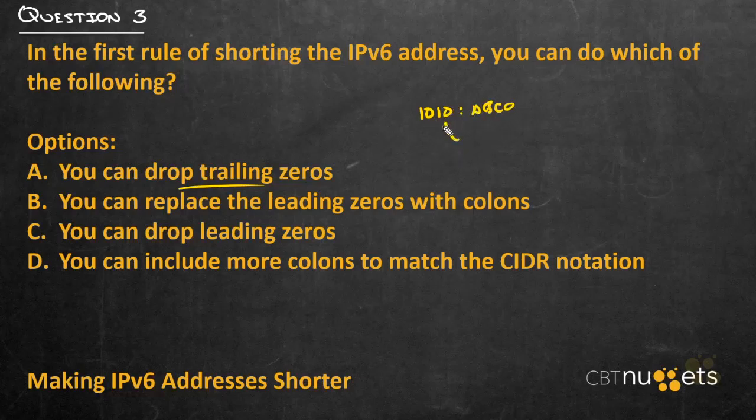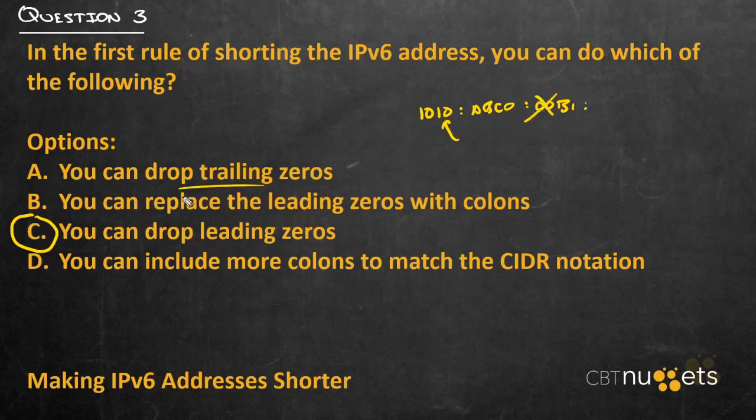You can't drop the trailing zeros. That actually changes the value that is represented in that hextet. You can replace the leading zeros with colons. No, that's also not the rule. You can drop the leading zeros. There's our answer. You can drop the leading zeros. So if you've got 00B1, right, colon, you can actually take those off.